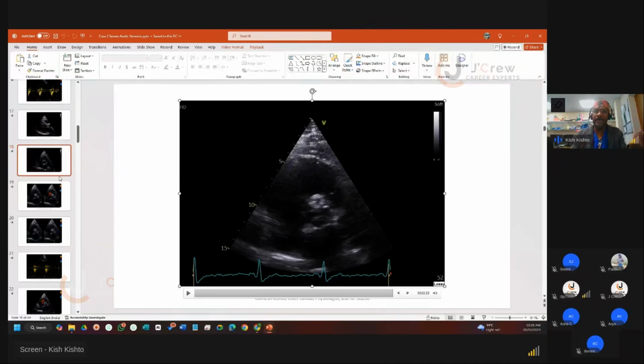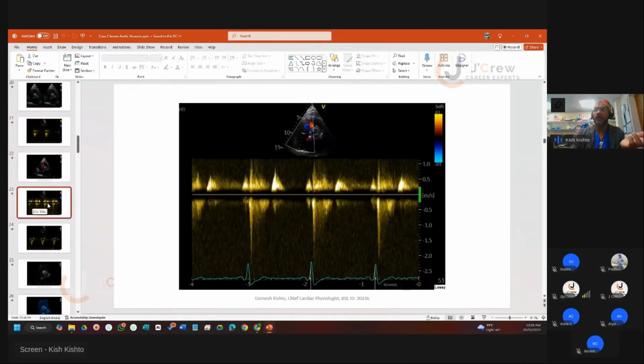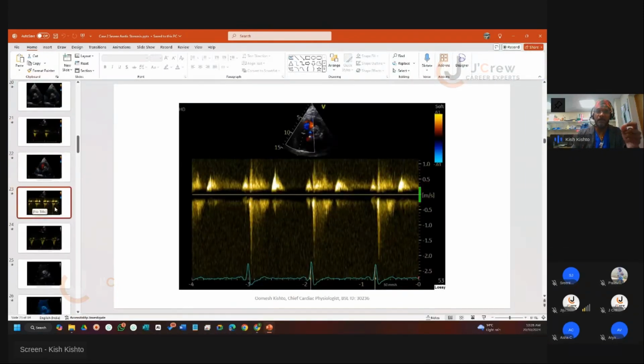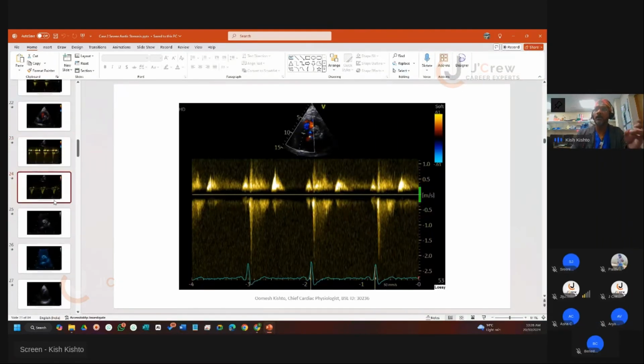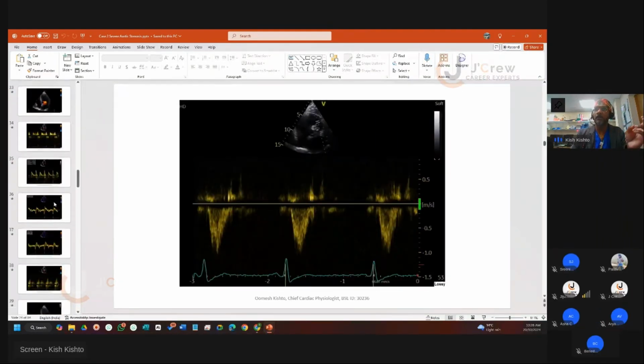For example, here, less than one is severe, and less than 0.8 is very severe. Okay, let's have a quick look. What did we get here?